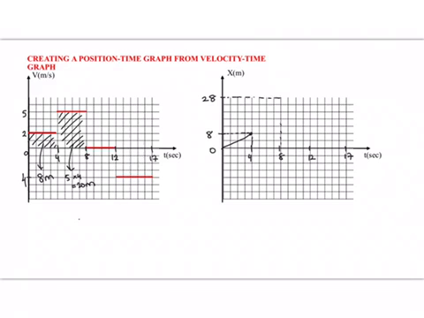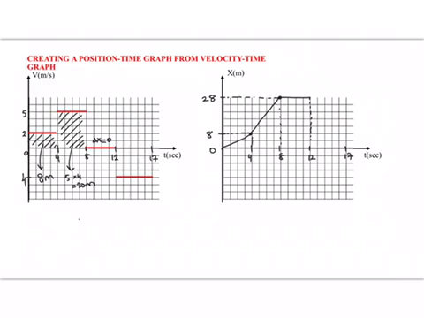It is equal to 8 seconds, and draw my position time graph. Between 8 and 12 seconds, there is no displacement because there is no area, so it will stay still for 4 seconds at position 28.